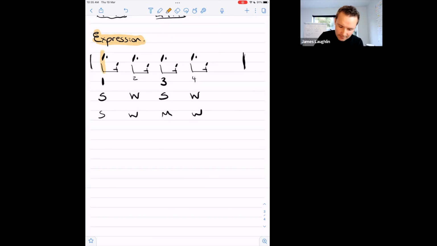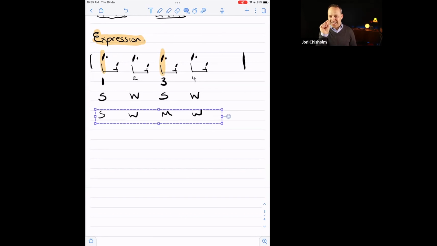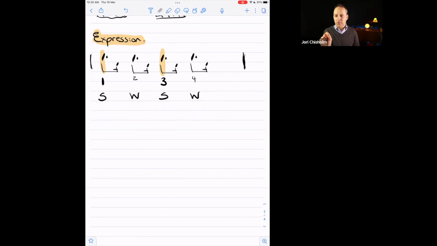Essentially, what that means is that if we look specifically at what you're going to do, if you look at that bar, it's the same rhythmic pattern 4 times, but they are not played identically. You're going to make the dotted note on the first beat and the dotted note on the third beat longer.